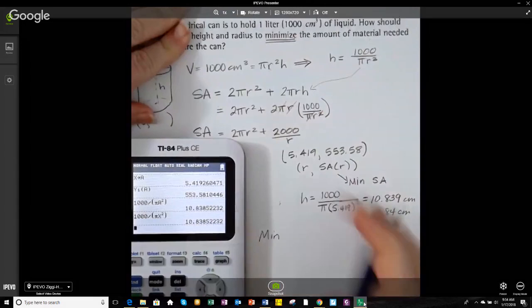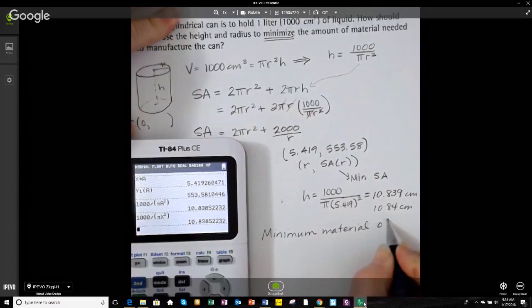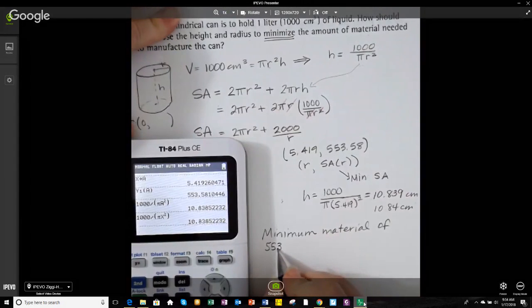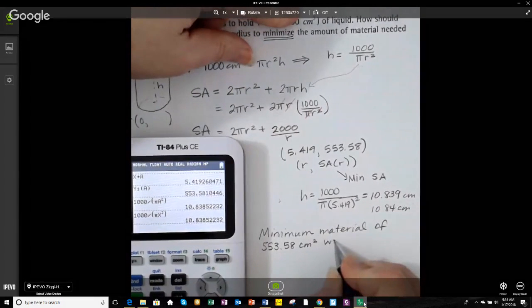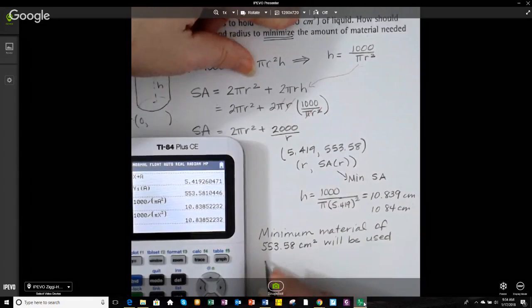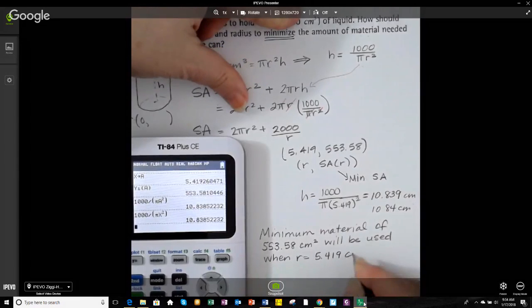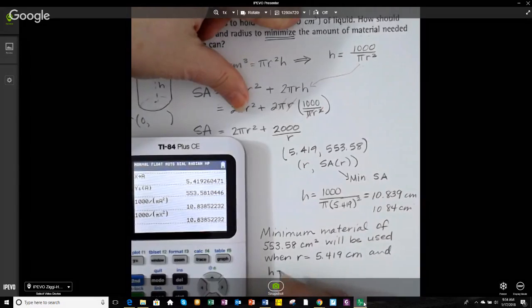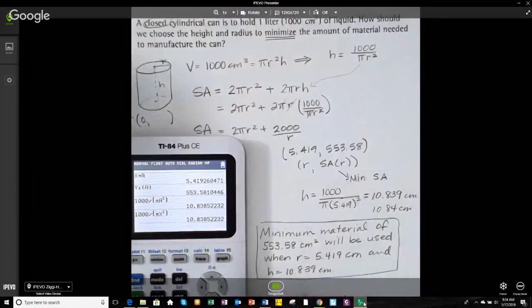The minimum material of 553.58 centimeters squared, because that's an area, will be used when R equals 5.419 centimeters and H is 10.839 centimeters.